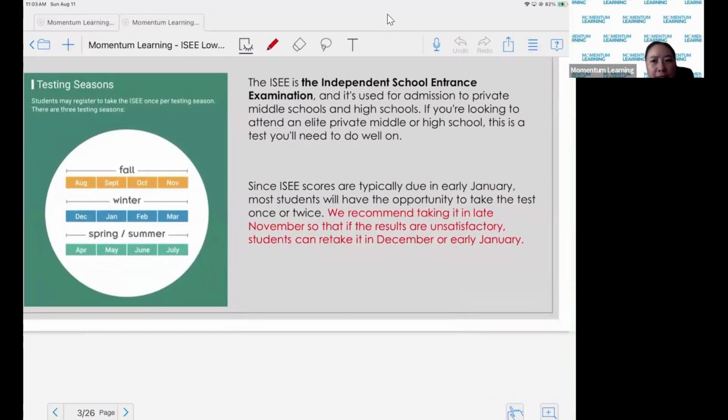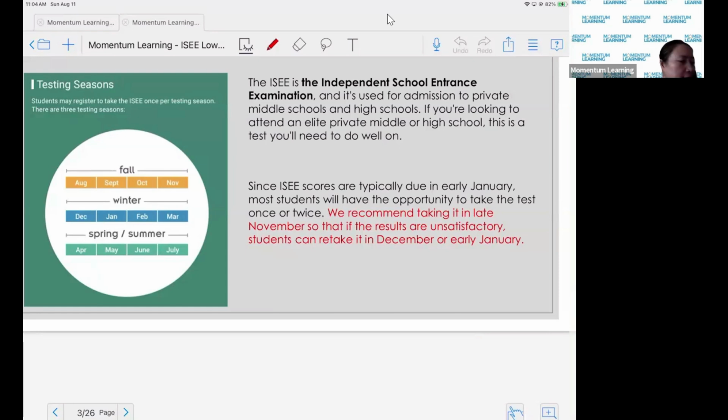Momentum Learning recommends taking it in late November. Our class starts next Sunday and runs through November, giving you very fresh memory going into your November test. If you are not satisfied with the results, you can retake it in December or early January, and make the scores available before the due date.